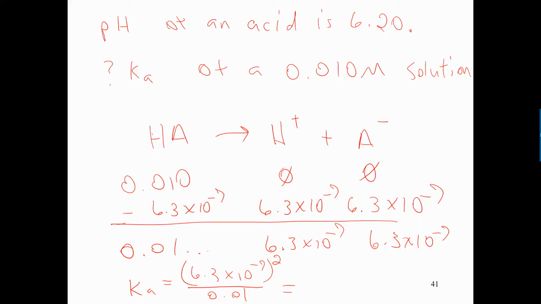So what are you guys finding for your Ka? 3.98 times 10 to the -11. Sound good? Okay, same. Good.